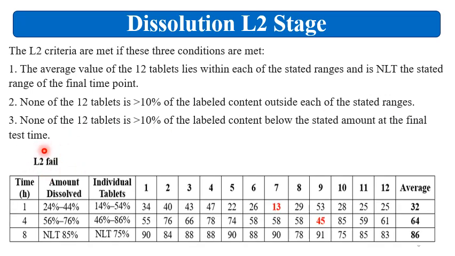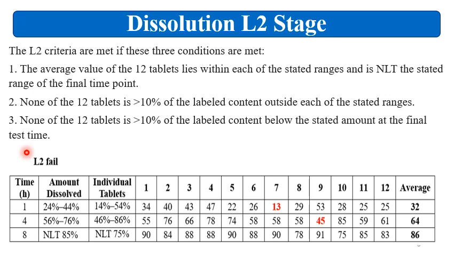Now when the L2 will fail, see, L2 individual tablet was given a criteria of 14 to 54% while 1 unit is 13%. Here also 1 unit is 45%, but the averages are passing. So your L2 is failing. Now you have to take another 12 tablet set and perform dissolution on the 12 units.